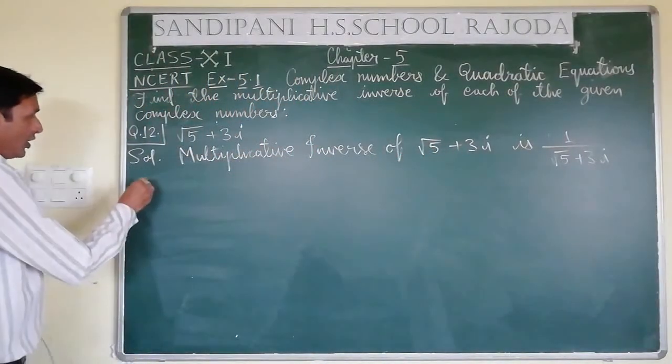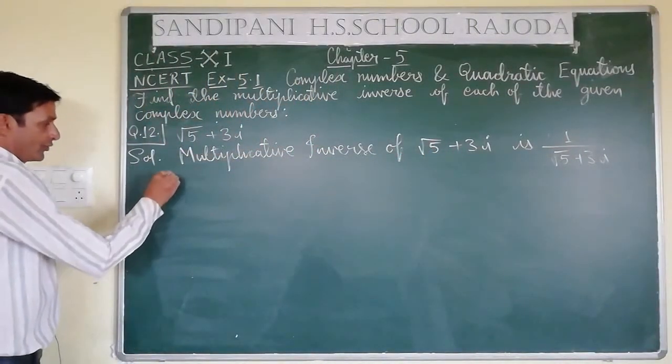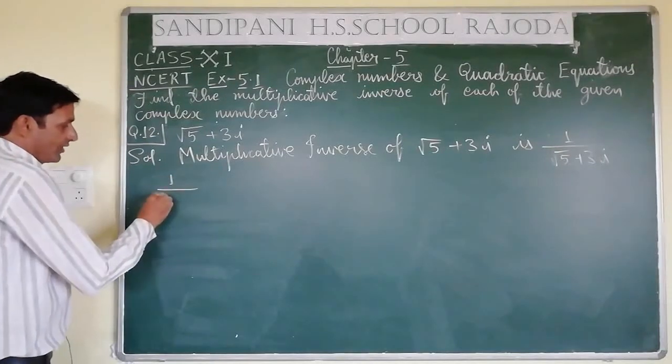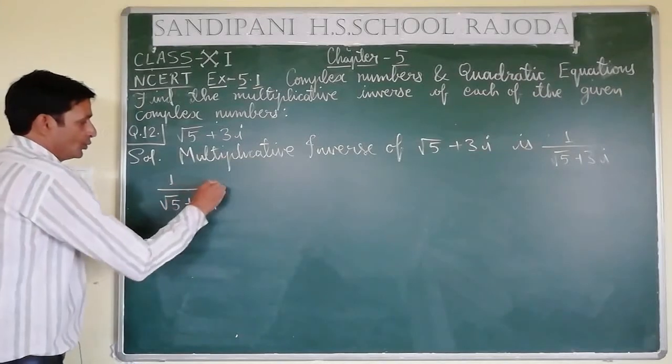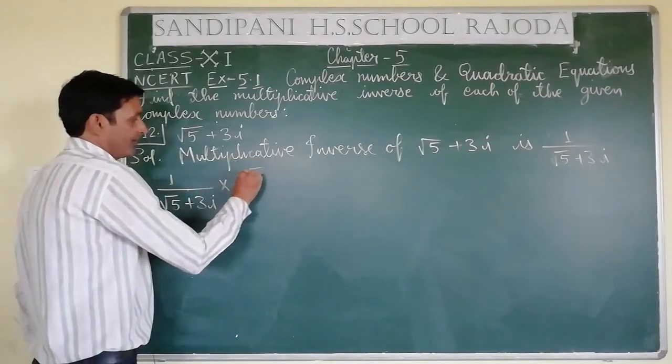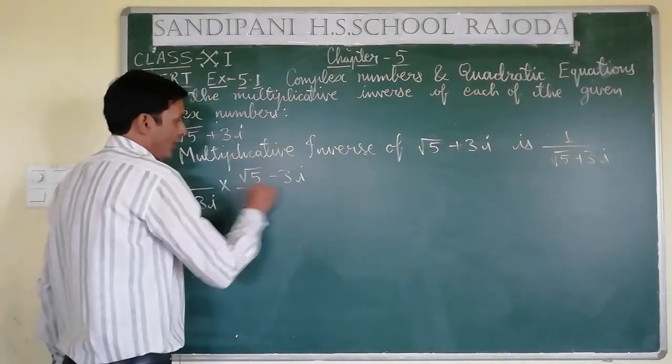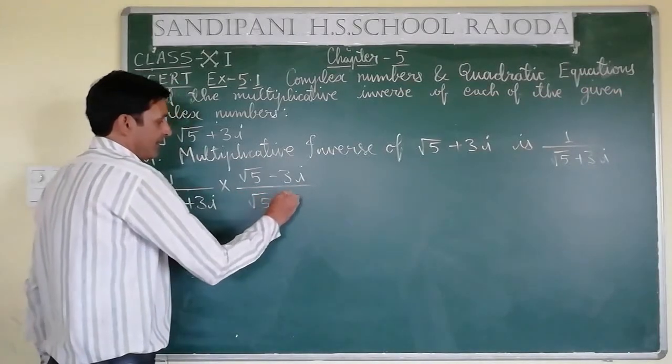Now what we have to do? We have to rationalize it. So 1 upon (root 5 plus 3i) into (root 5 minus 3i) upon (root 5 minus 3i).